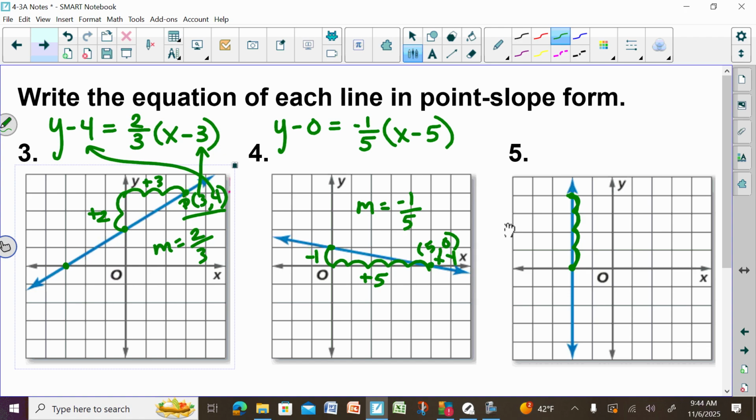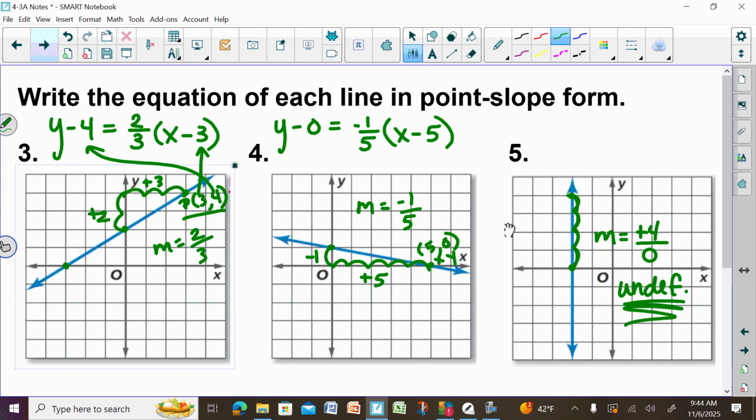If I rise 4 or I fall 4, it really doesn't matter, or 5 or 6, but I never run. And so if I'm not running, I have a 0 in the denominator, my slope is undefined. What we have to learn as Algebra 1 students is that that's a clue, that's a vertical line. If I don't have slope to plug in, then I can't write the point slope form because it doesn't have slope to plug in.